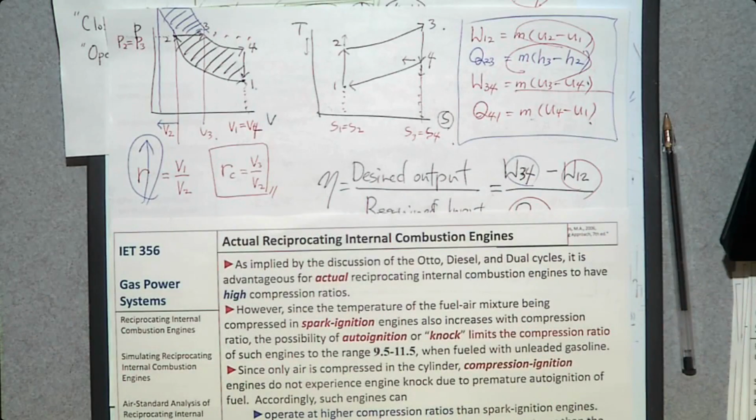So when you increase the compression ratio, of course, its efficiency goes up. However, there's a possibility of auto ignition due to high pressure and high temperature, and that limits the compression ratio. So the MPG of a gasoline engine is usually lower than the MPG of a diesel engine.